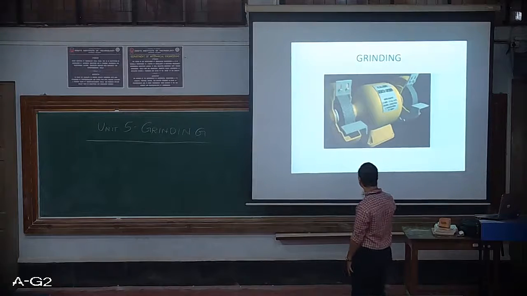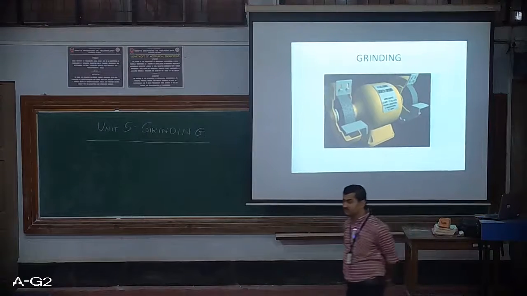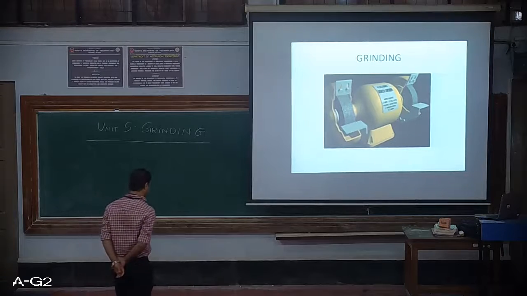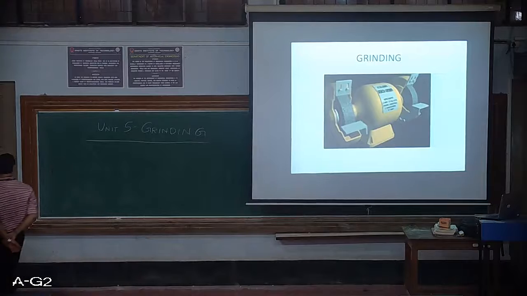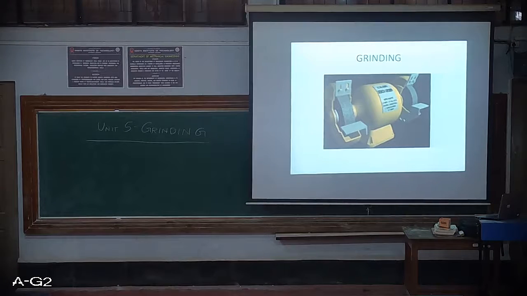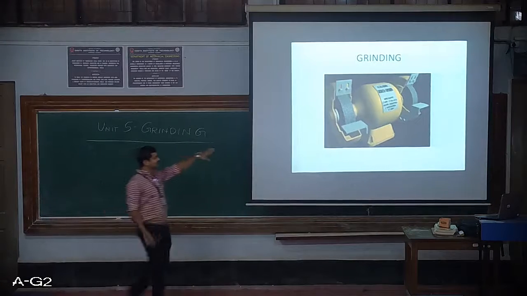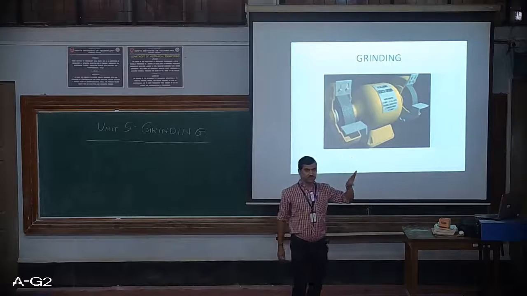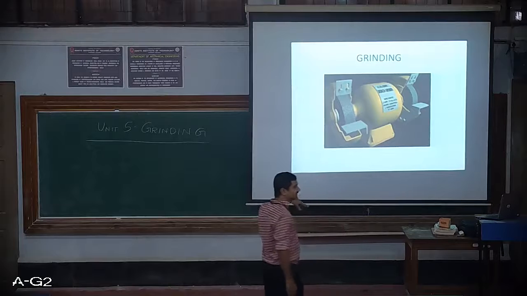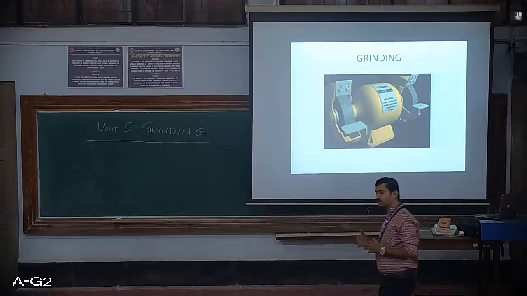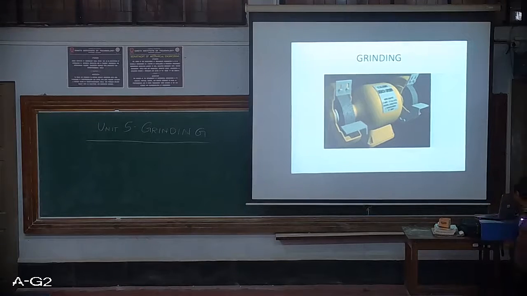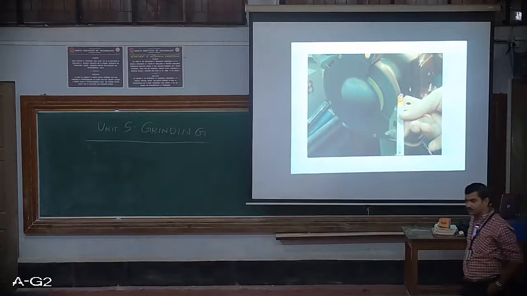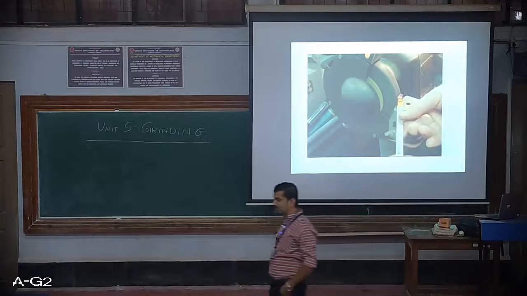Well, so we were looking at this machine, the grinding machine, wherein you can sharpen a tool. You can observe there are two wheels, and there is a rough surface on this wheel, and that rough surface is nothing but the abrasive. The abrasives stuck onto its surface are performing the cutting action. This is what you have done during your sharpening of a single point cutting tool.